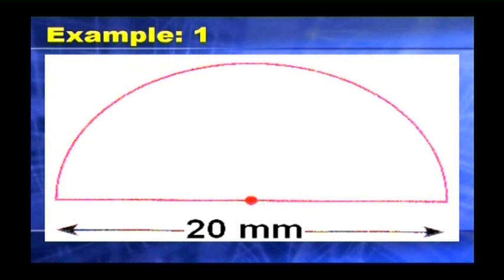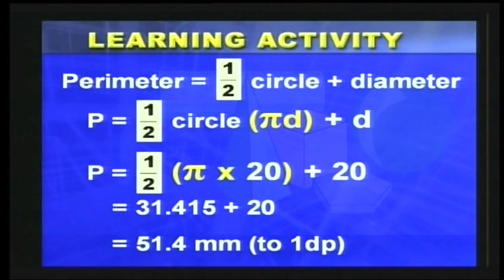Okay, you look at it, it's got the diameter of how many? 20 what? 20 millimeters. Okay, look at it very carefully how it can be worked out. All eyes on the PowerPoint. Perimeter equals half circle plus diameter.